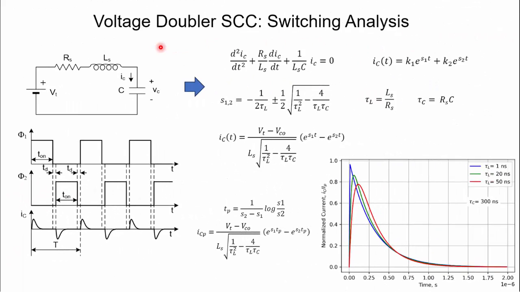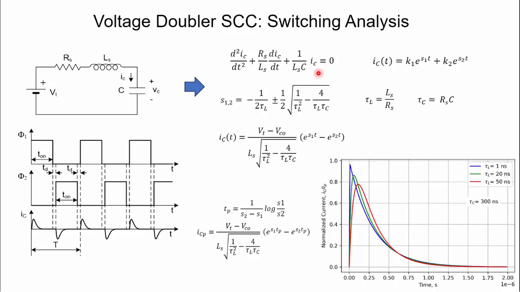In this work, we have also revisited the switching operation of these converters because it is unavoidable to have some series resistance and series inductance when charging and discharging the switch capacitor. So in this case, if we analyze this equivalent circuit that we are going to have during the charging and discharging process, we can obtain this differential equation.